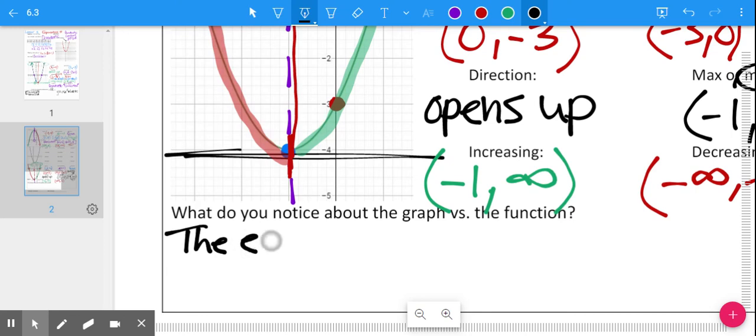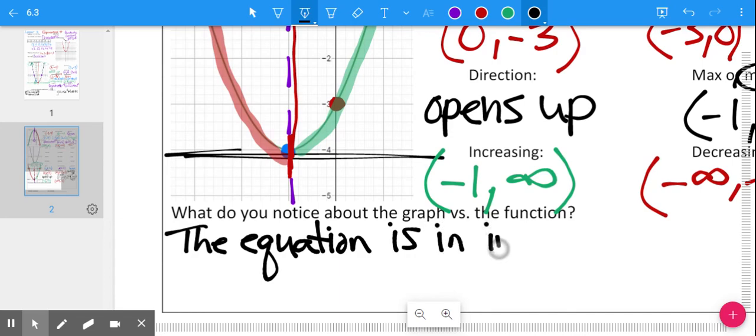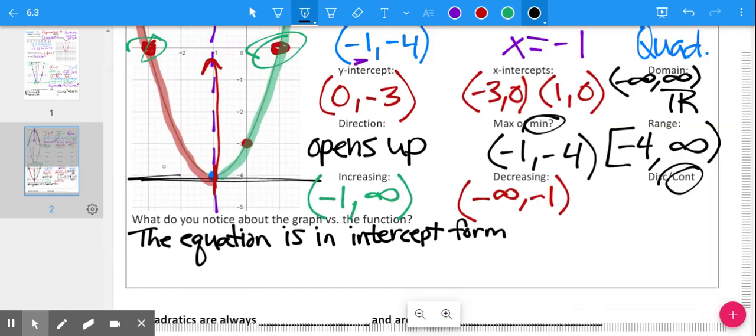The equation is in intercept form, which means it can help you find your x-intercepts. And the way you find your x-intercepts, the ordered pairs, we have an input of -3 gives you an output of 0.